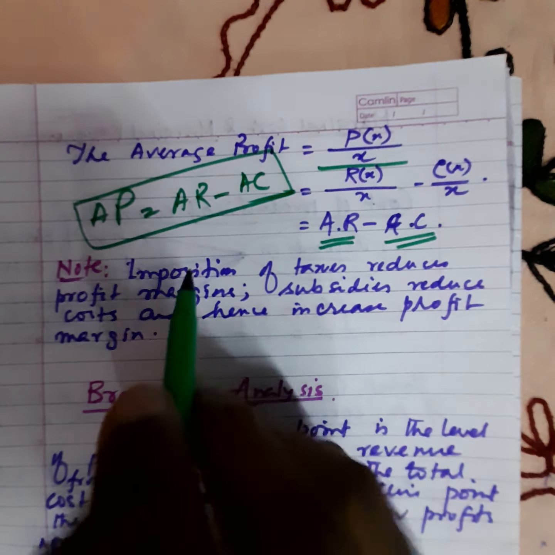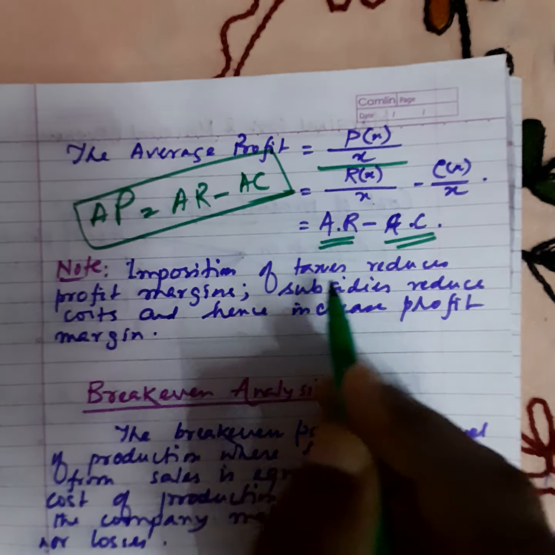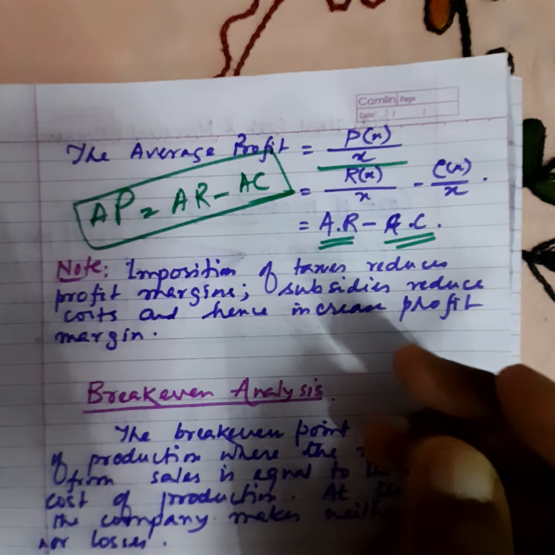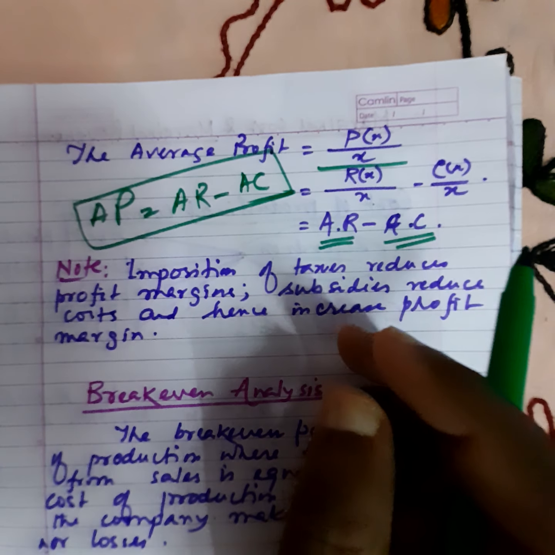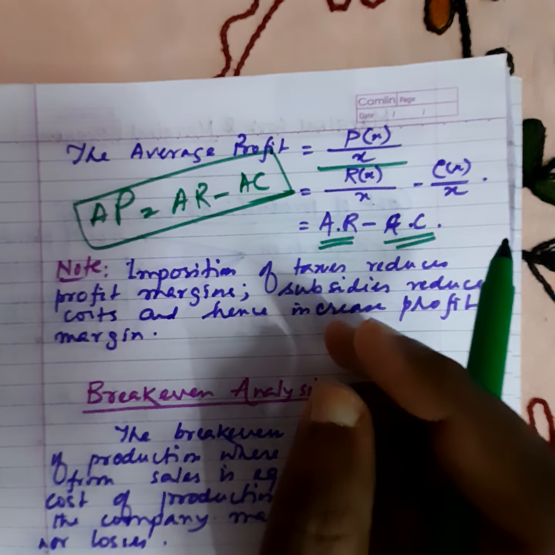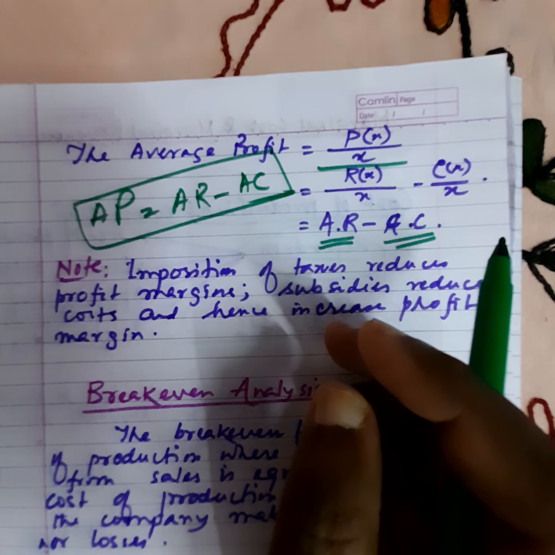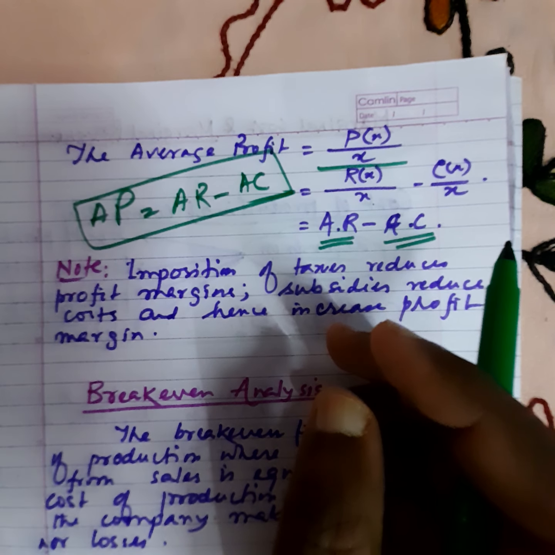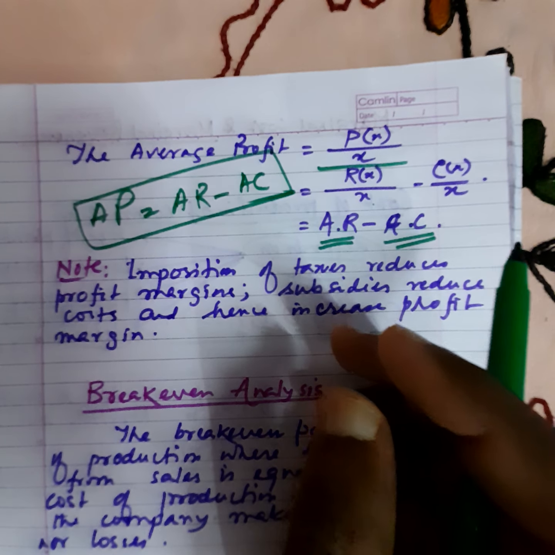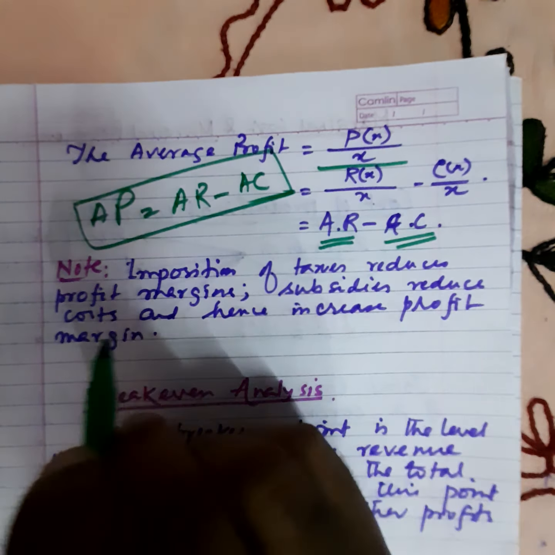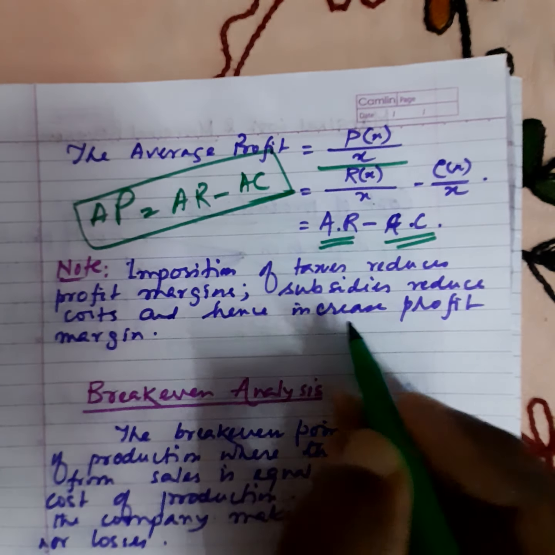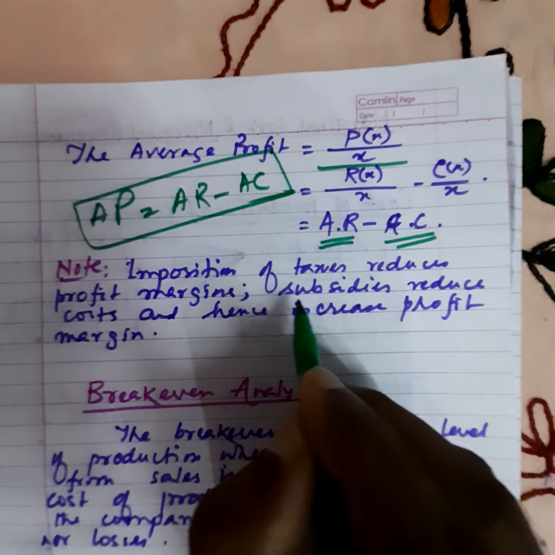Note, imposition of taxes. If tax is imposed, then the profit margin is less. That's CST, GST, whatever tax. If other taxes are imposed, the profit margin will be less in this case. And subsidies reduce cost.